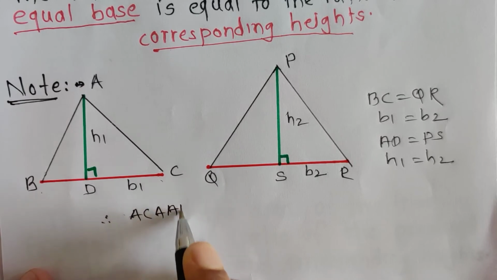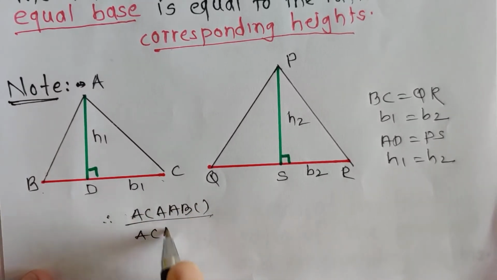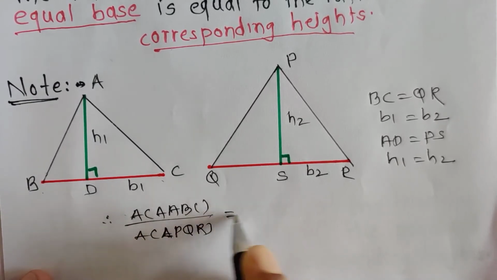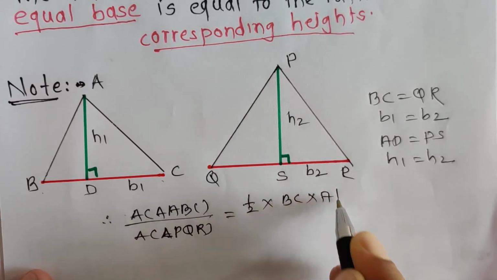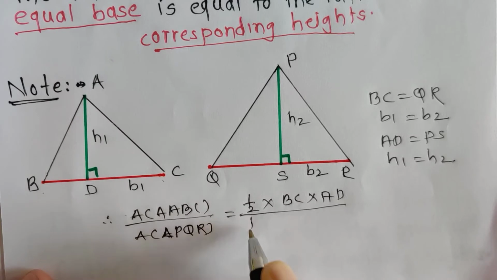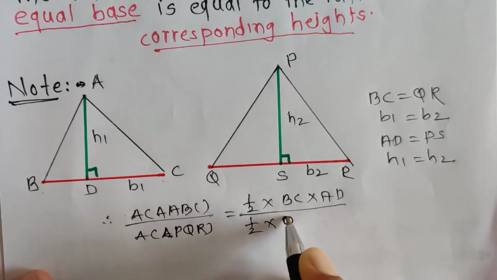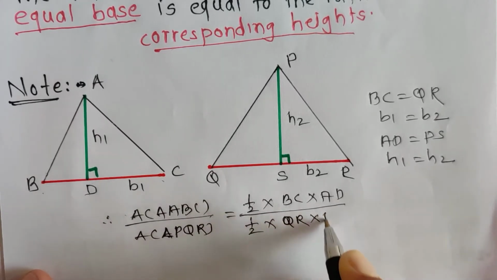Area of triangle ABC divided by area of triangle PQR is equal to half into BC into AD divided by half into QR into PS.